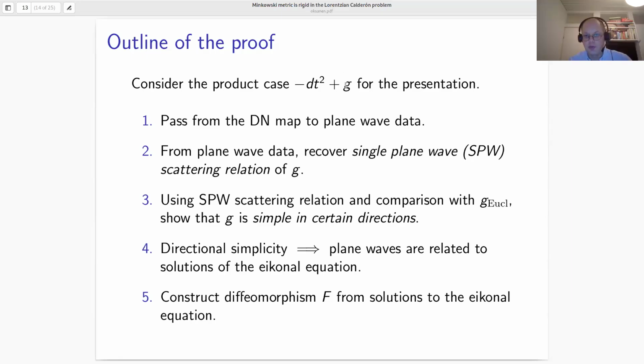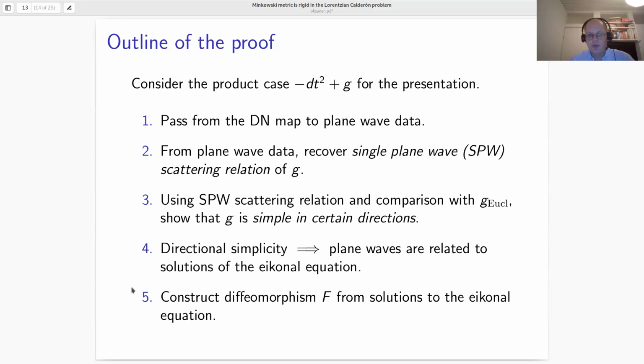So there is some Riemannian metric g, and then you just take a product with the time. But somehow this allows me still to explain the main ideas of the proof without going into too much technicalities. So it's not actually very different in the general case.